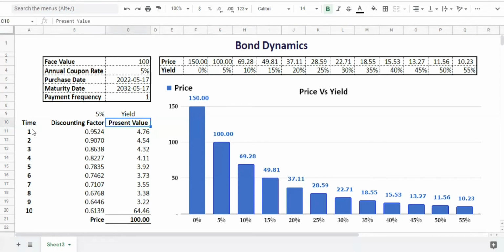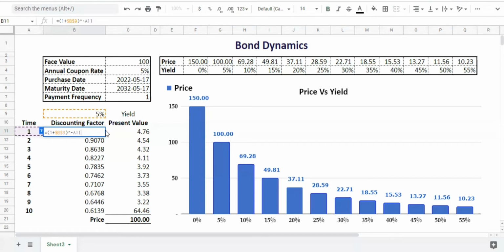The price of a bond is nothing but the present value of coupon payments plus the present value of the face value, which means the redemption value at the end of the 10th period. As the final payment, you are getting the face value plus the coupon payment. So we have to discount both, right? I will click on this formula so you can see.